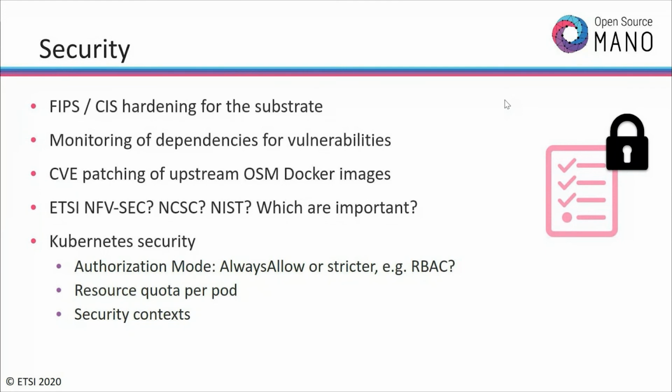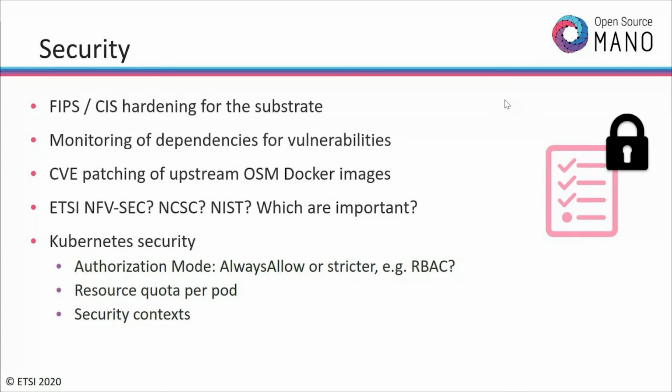And then the last point on Kubernetes security has to do with security contexts. Security contexts are all about limiting the pod execution to a specific user group, avoiding unauthorized privilege escalation that may result in a compromised substrate or a compromised machine.